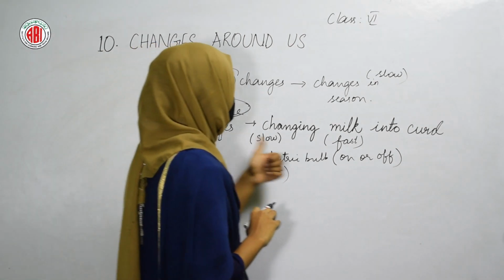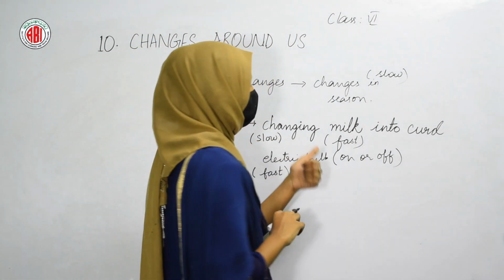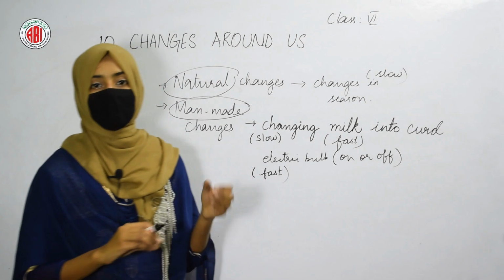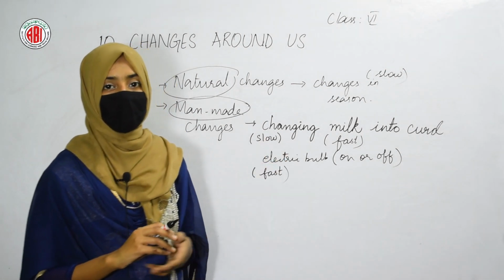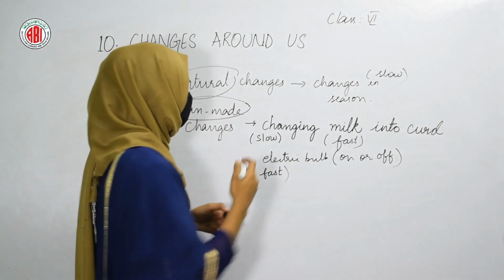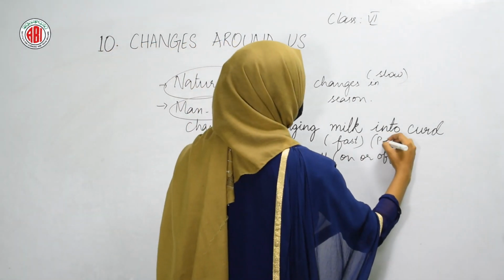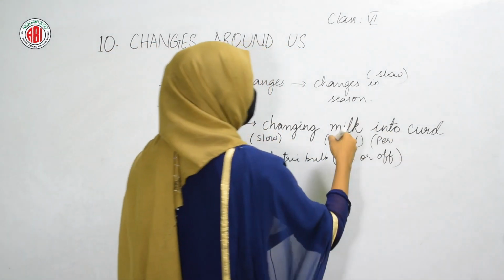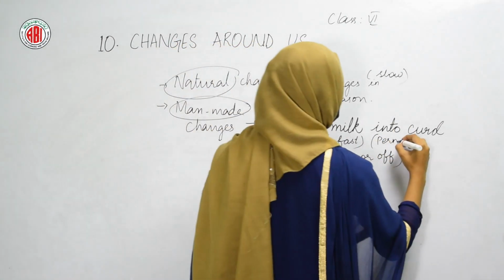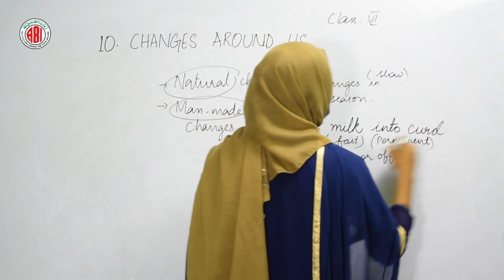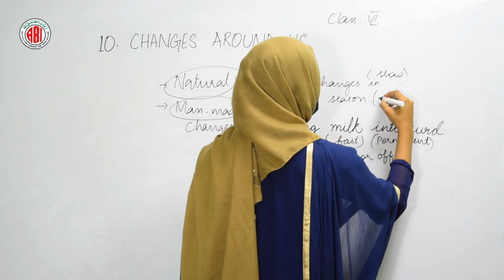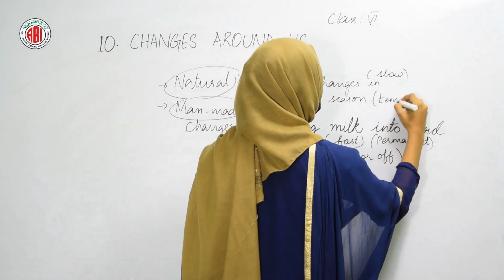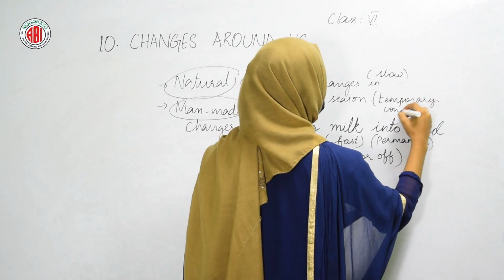And when we talk about this artificial process, in the conversion of milk to curd, this is a change that takes place permanently. Once it has changed, we cannot get milk back from the curd. So it is termed a permanent change. But the change that occurs in the season is a temporary change and also a continuous one.